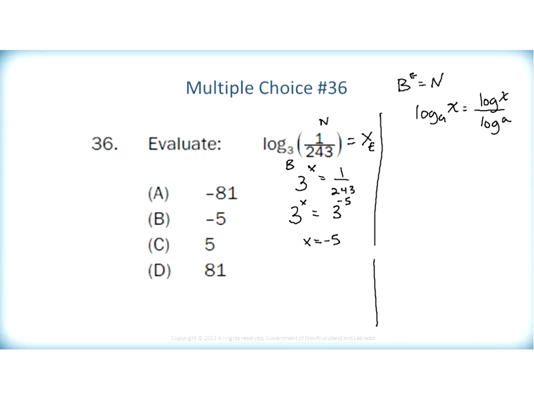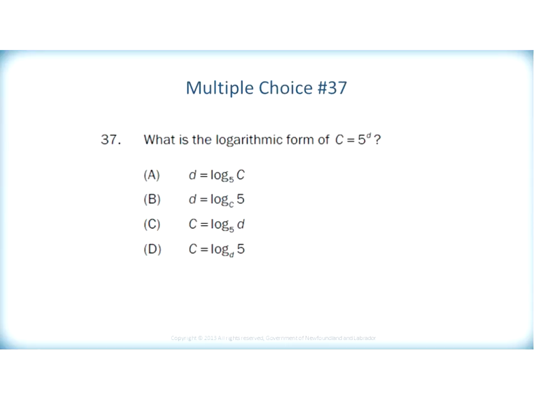And so here, that will give us log of 1 over 243 divided by log of 3, which will also give us, when you put it in your calculator, negative 5. So there are 2 methods to use here. Of course, changing the base and equating the exponents is maybe more convenient.